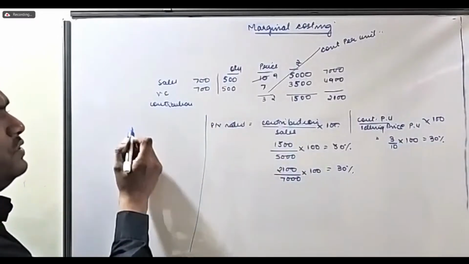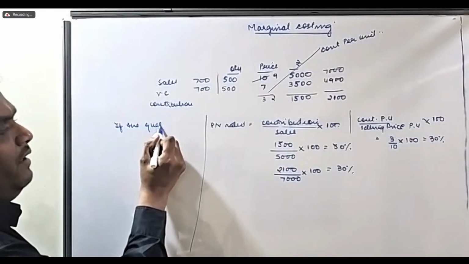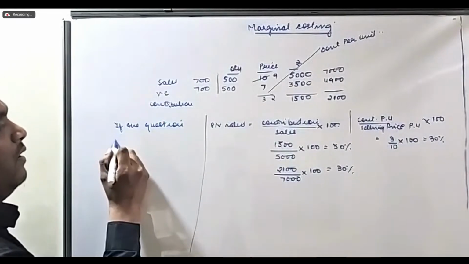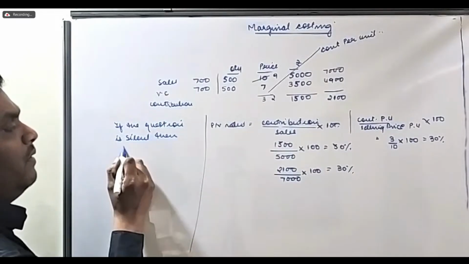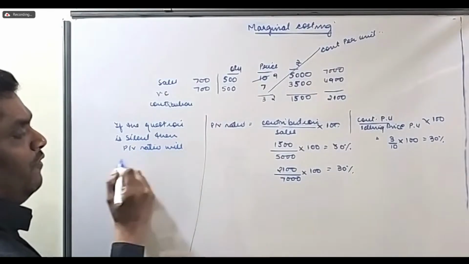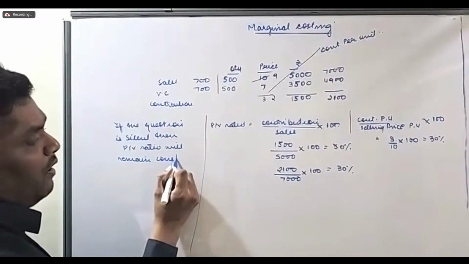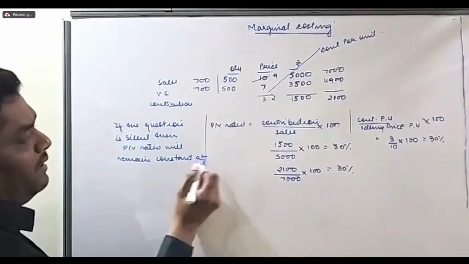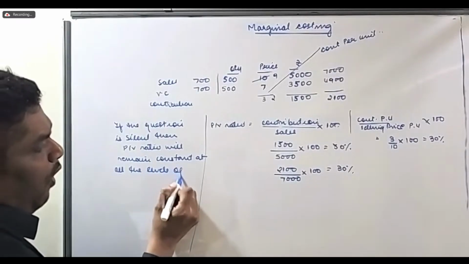And what we have to assume if the question is silent, then PV ratio will remain constant at all the levels of sales.